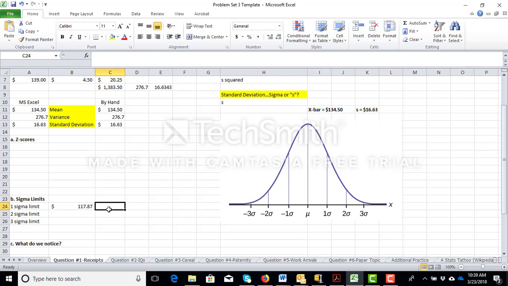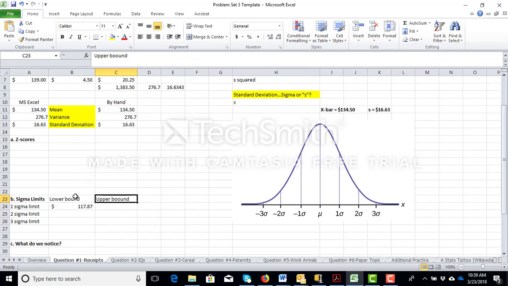Now I have to do the upper bound. I'll put here in the title, lower bound, upper bound. Okay, so the upper bound is going to be the average plus $16.63, equals A11 plus A13.